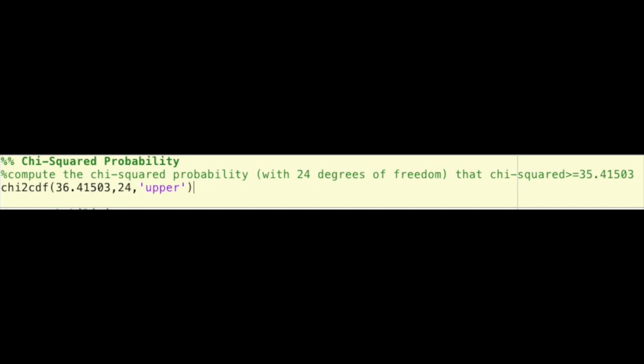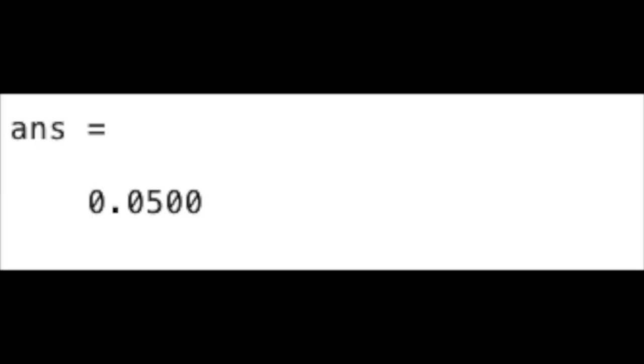And the CDF computes the upper interval, the probability that x is greater than 36.41503 rather than less than, because we've supplied once more the optional argument of 'upper'. We can see that this results in a probability of 5%.